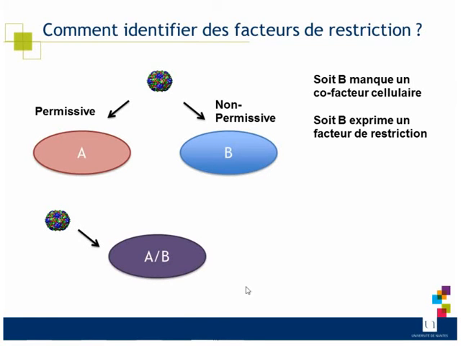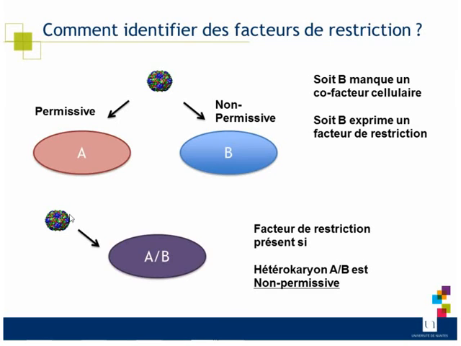So if you fuse these two cell types, you get a heterokaryon. And then if you try and infect this with the virus, if your heterokaryon is still non-permissive, that means that you've got a restriction factor. So having a restriction factor is a dominant phenotype. Okay? Does everybody understand why that's the case? Yeah.